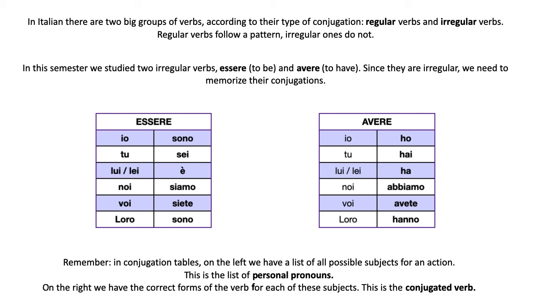Of these, we did a number during the semester. These are the types of questions in which I give you a sentence with a verb between brackets. And you have to take that verb and conjugate it depending on who the subject of the action is, right? A very simple example. Let's say that I give you a question that says io, and then essere between brackets, a blank, and then professore, right? So io means I. Of course, what I want to say is I am a professor, right?